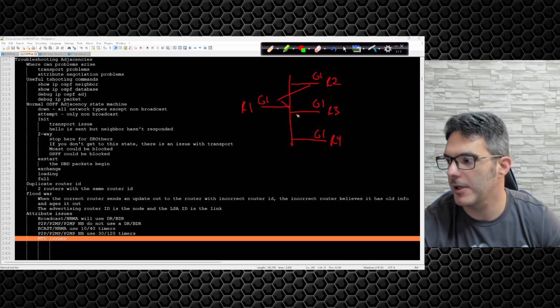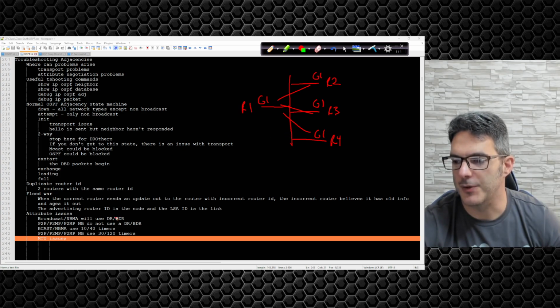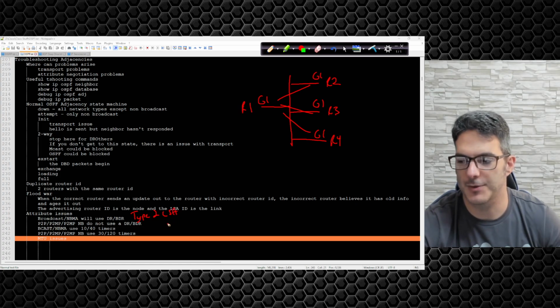So you're able to go here, here, here, there, and there. So if that's the case, then it's multi-access, meaning you can reach more than one endpoint on a particular link. So this is going to be a type 2 LSA. It's going to be the DR LSA, is what they commonly refer to it, or the network LSA.